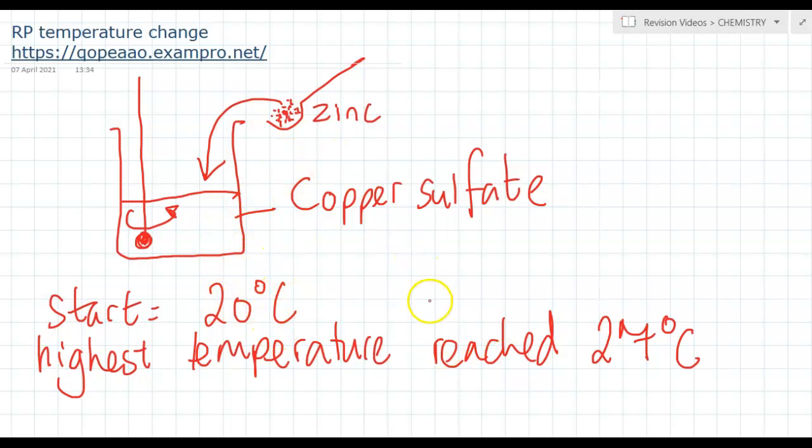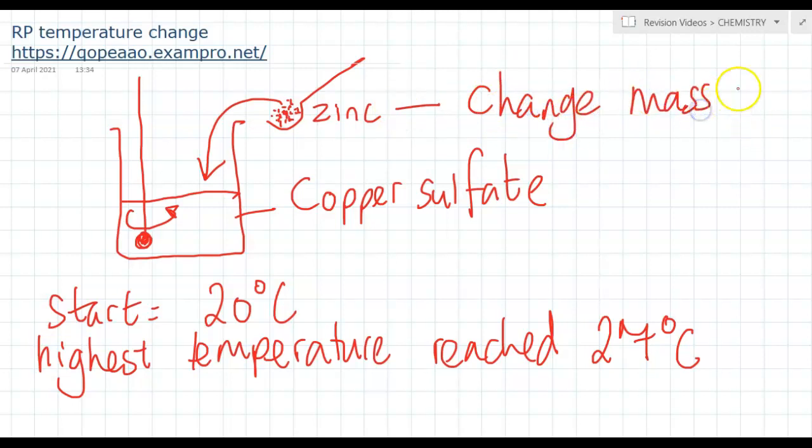Now think what you might change. For example, I could change the mass of zinc that I'm adding by weighing out different amounts on a balance in grams. And if I did that, think of the question I'm testing. I'm saying, what effect does changing the mass of zinc have on the temperature change when zinc reacts with copper sulfate?